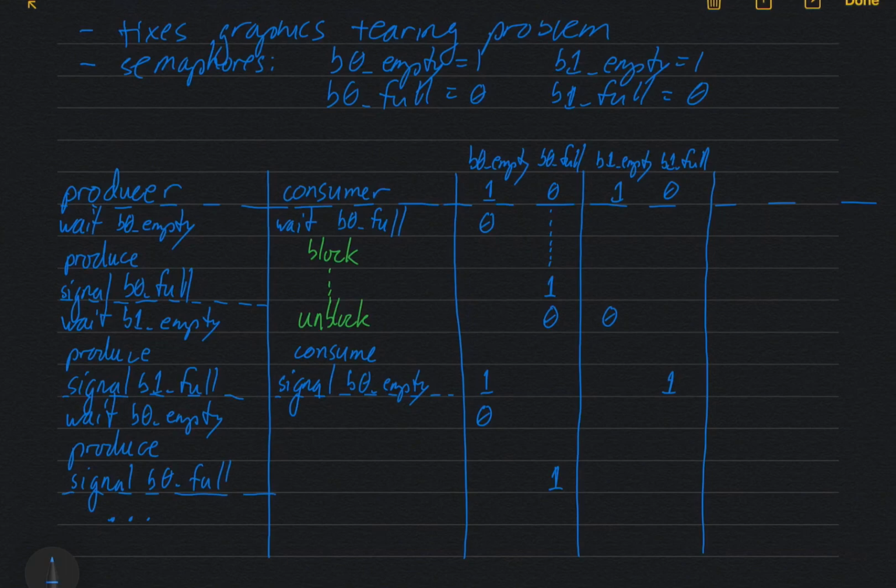The consumer, after consuming buffer 0, will move on to buffer 1. So we'll wait to be sure that B1 is full. B1 full will decrement. It will not block this time. It will consume the data in buffer 1, and then it will signal that buffer 1 is empty.